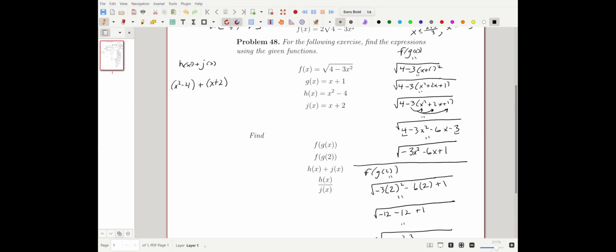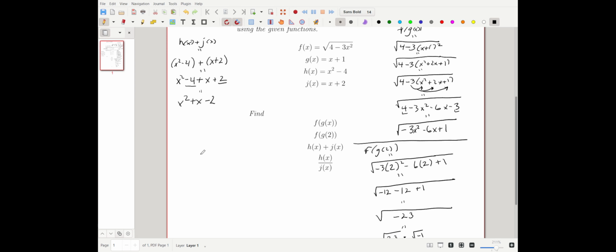Well, the parentheses aren't really doing anything here, so x squared minus 4 plus x plus 2. And so then we have the negative 4 and the 2 that are common terms, so we can add those. So we get x squared plus x minus 2. And so that's the expression for h of x plus j of x.